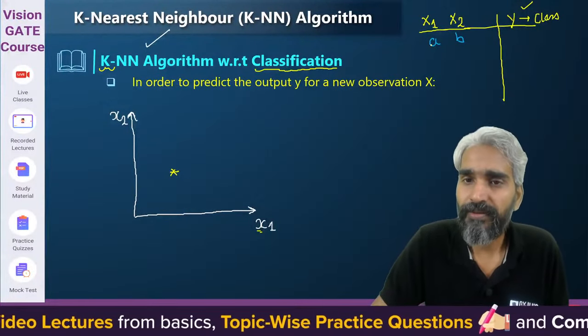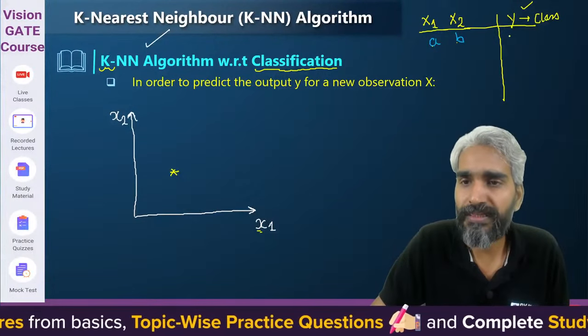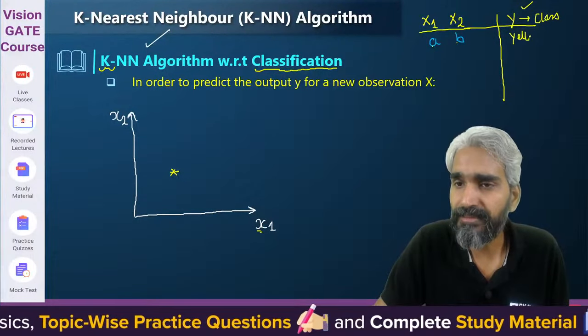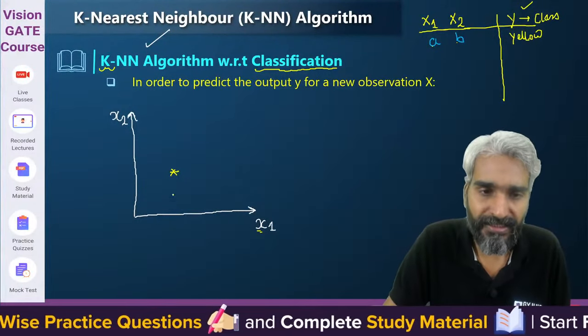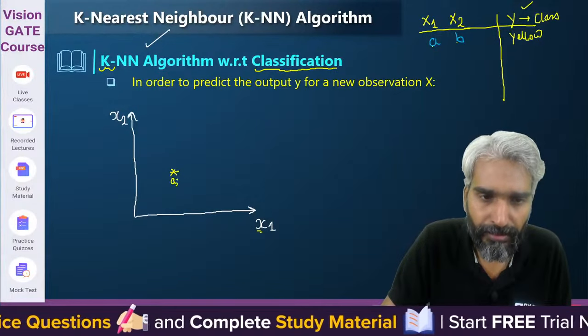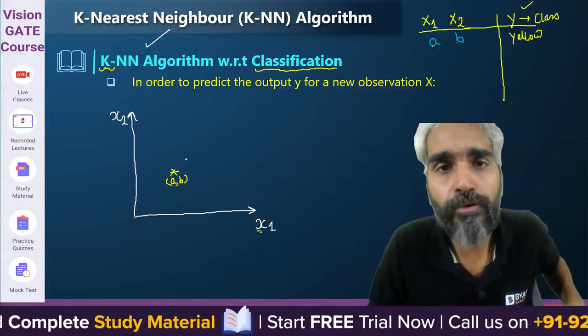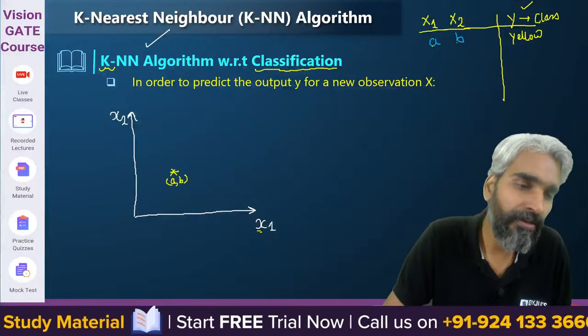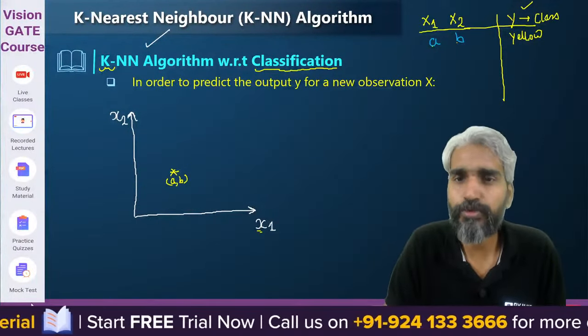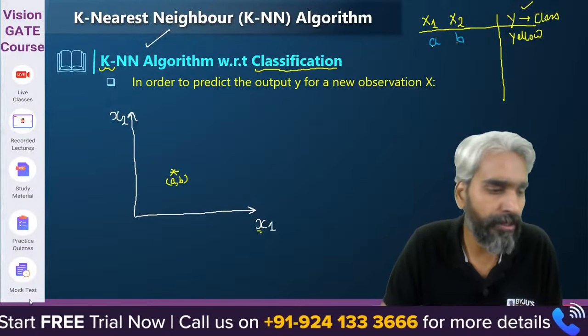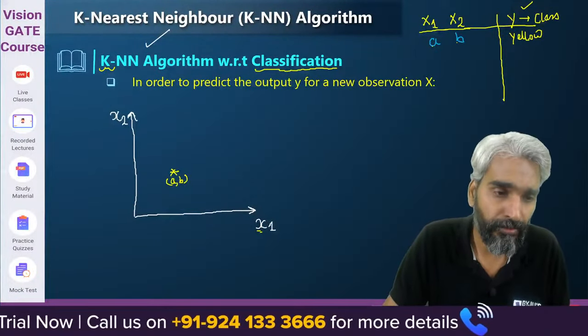So if I say that this point is a comma b, then this will belong to the yellow color class. Whatever the values of x1 and x2 are, there will be some values of your independent variables.